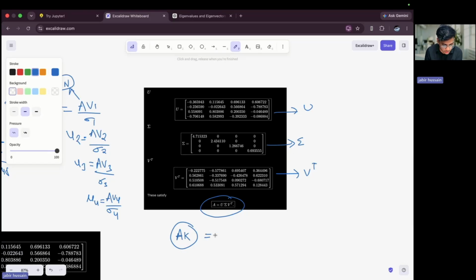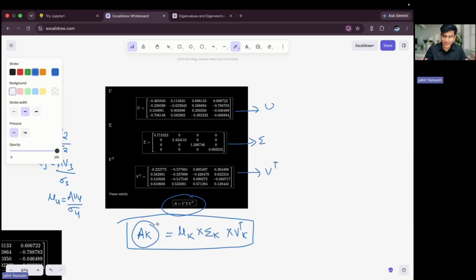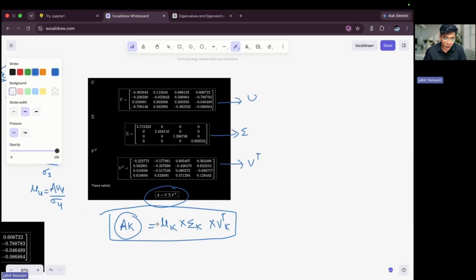So you can write A of k equals U of k multiplied by sigma of k multiplied by V transpose of k. Okay, this is the formula. This is the important formula that we are going to use when it comes to real-time applications.